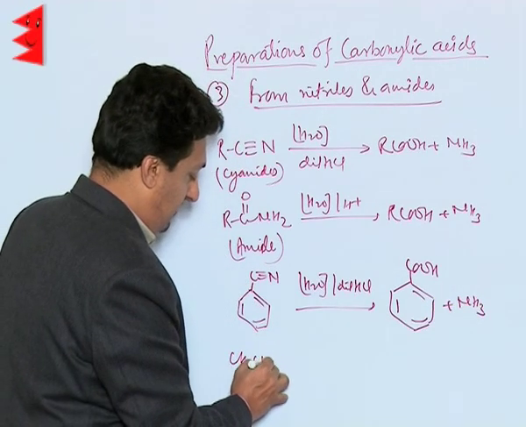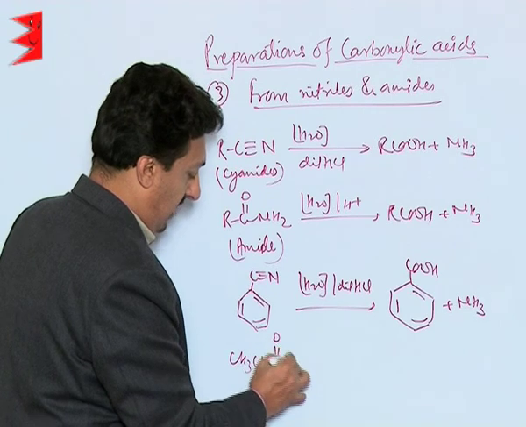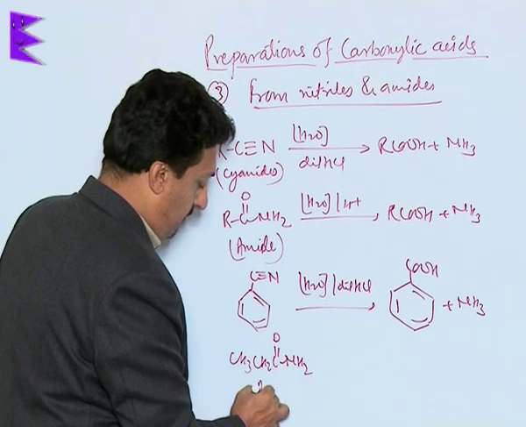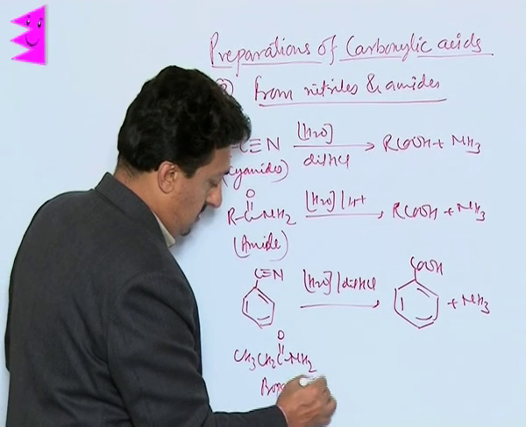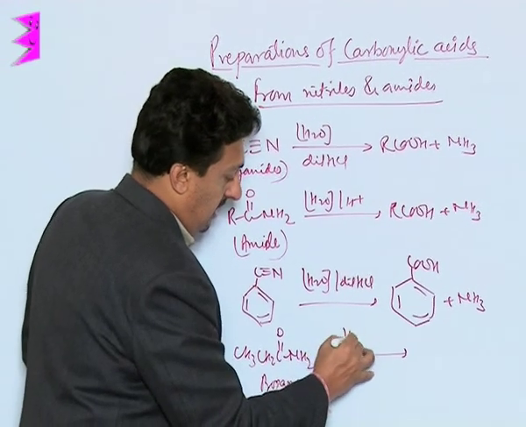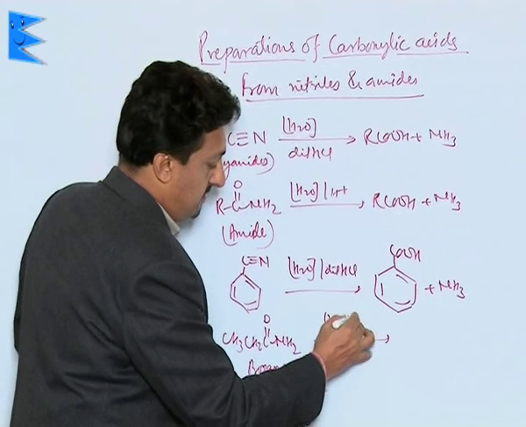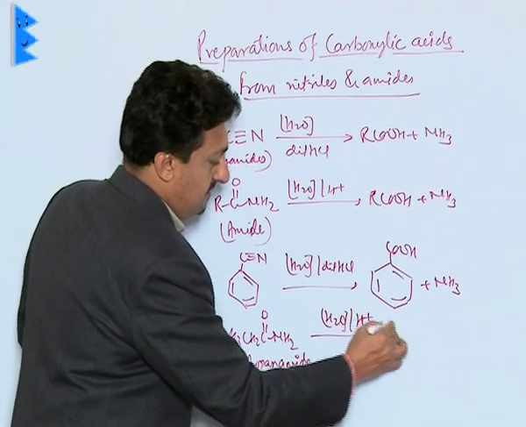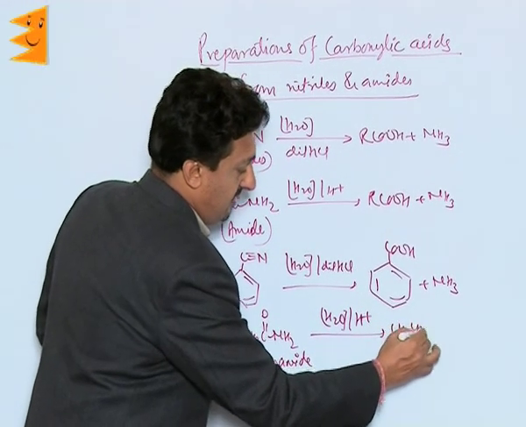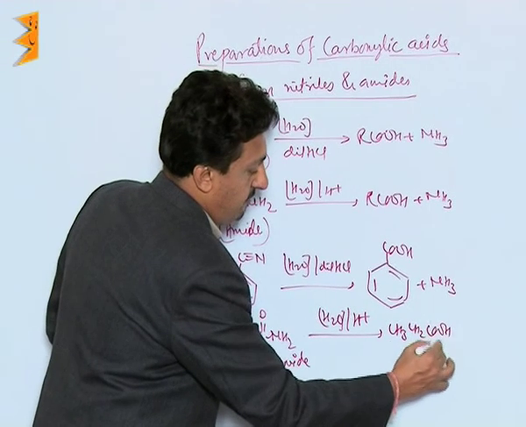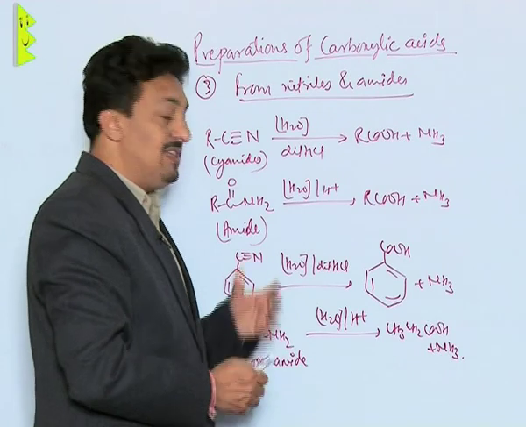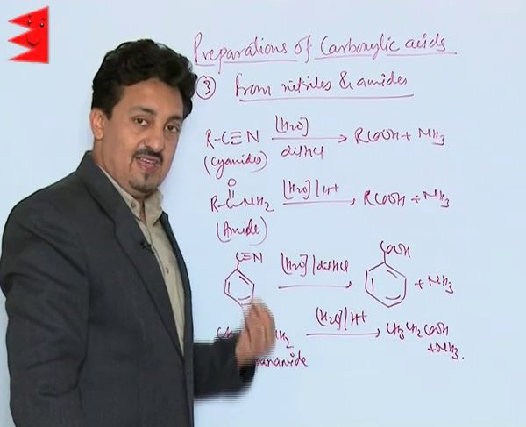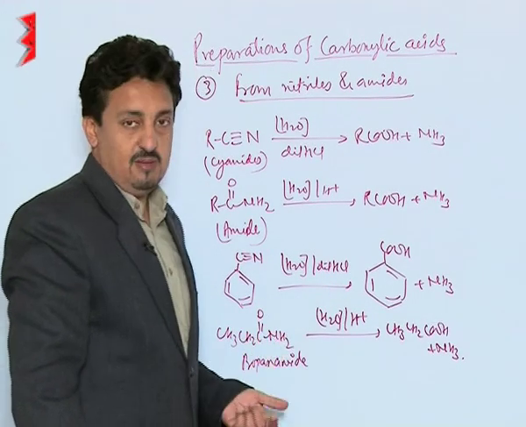And CH3CH2C=O NH2, propanamide, on hydrolysis in acidic medium will give us propanoic acid. So this is how we can easily prepare acids from the cyanides or nitriles or from the amides.